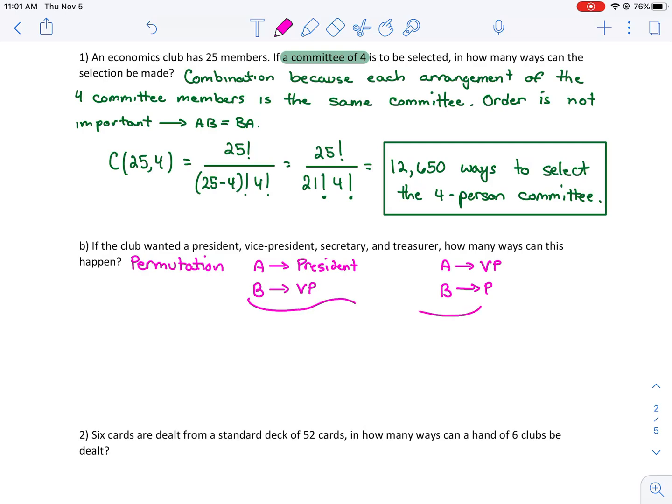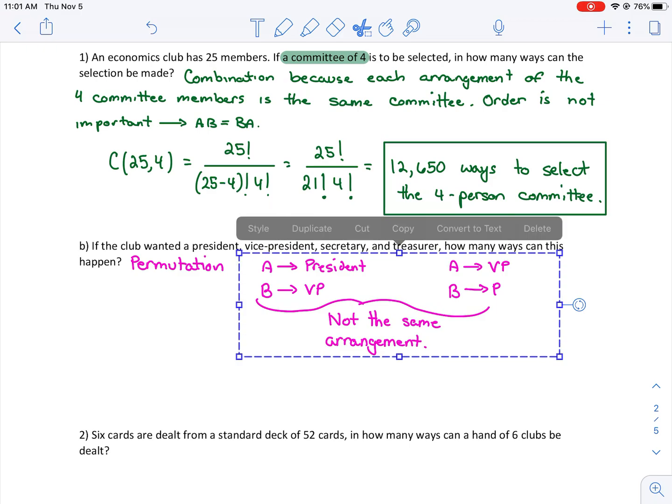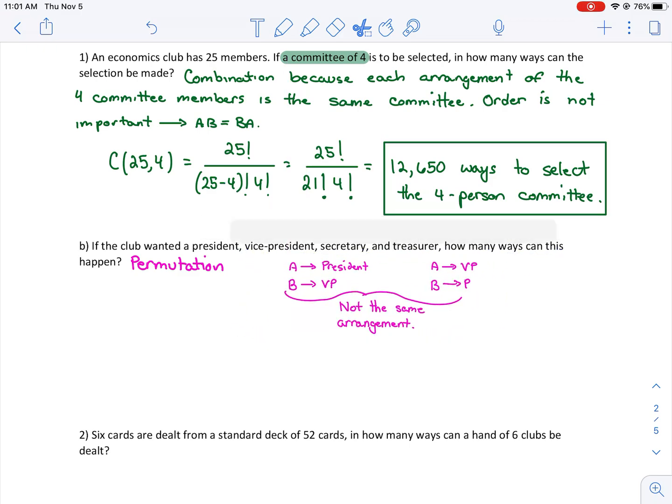So here, not the same arrangements. All right, since these arrangements are not the same, we're going to conclude that this is a permutation, and we're going to write P of 25 comma 4, and that is equal to the following.